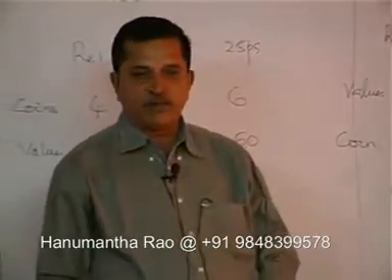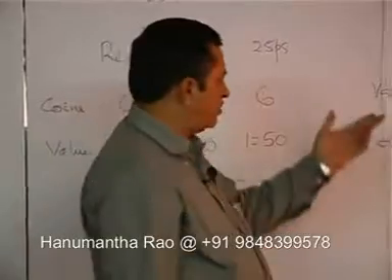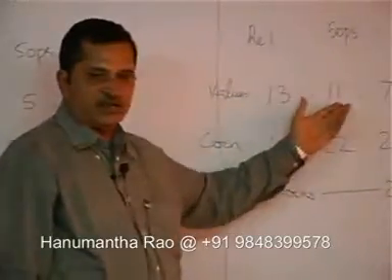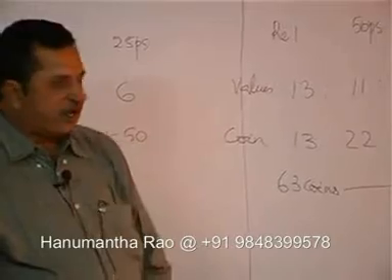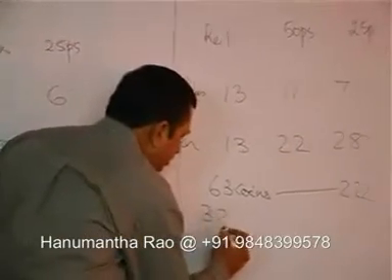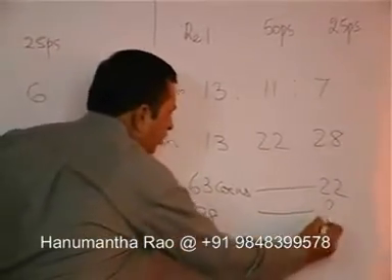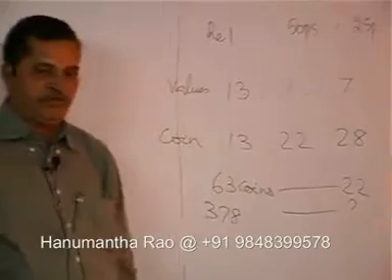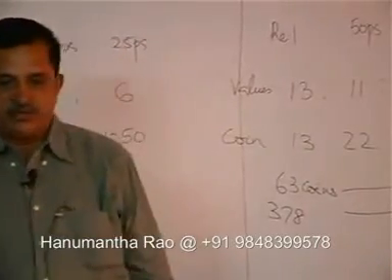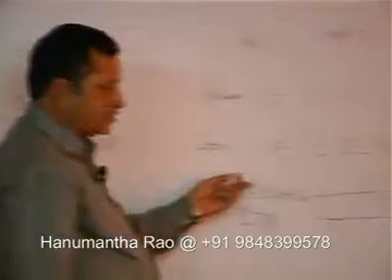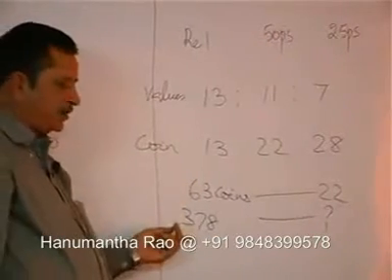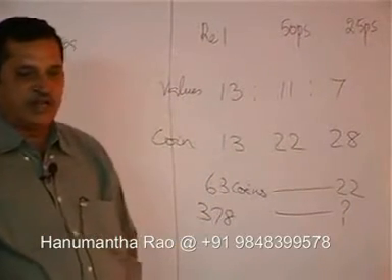In what proportion? According to the problem, the values are in the ratio of 13:11:7. For 63 coins, how many 50 paise coins? Compared with 63, the value of 378 will be more.